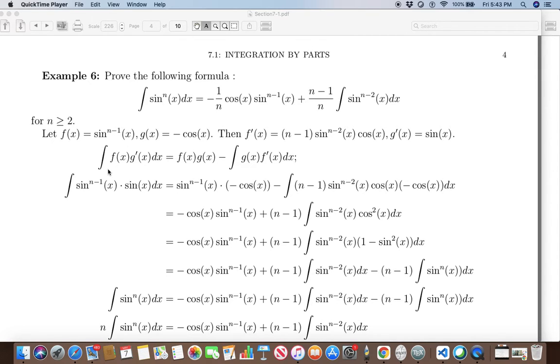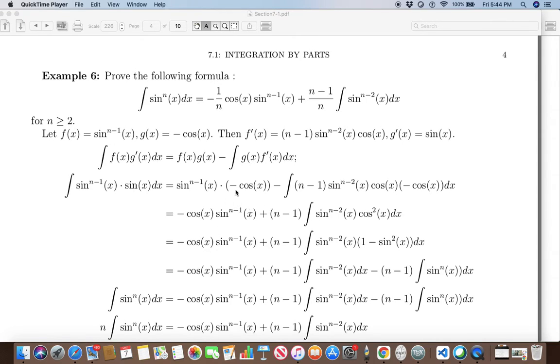So recall our formula for integration by parts. The integral of f of x g prime of x is fg minus the integral of g f prime. f g prime is sine n minus 1 times sine, that is sine power n. Its integral is fg minus the integral of g f prime, and f prime is all of this.